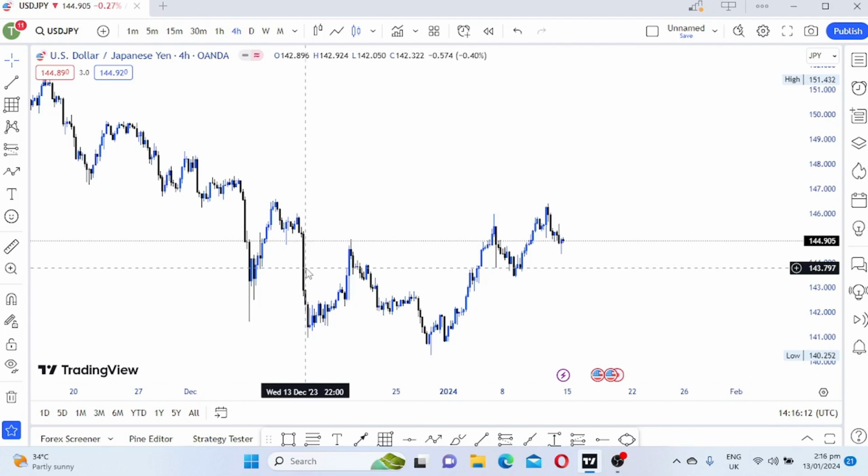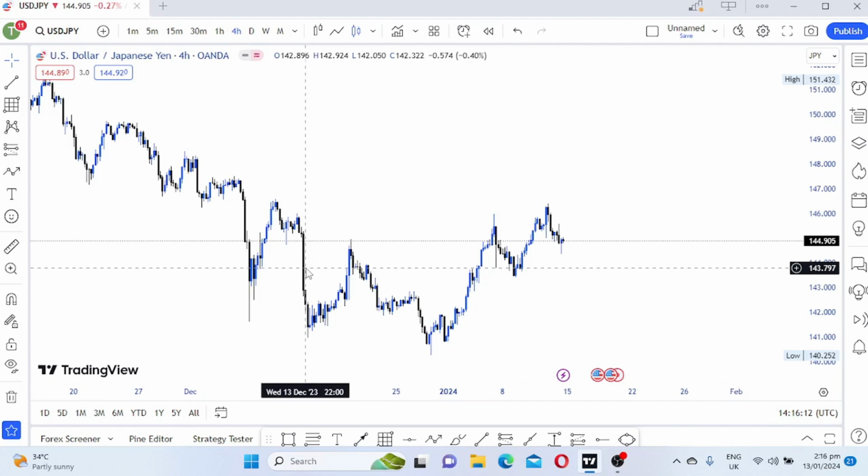Here is where the market broke our last high. This is an important high because it broke this low. So we broke it now to confirm that the market is in a short-term uptrend.